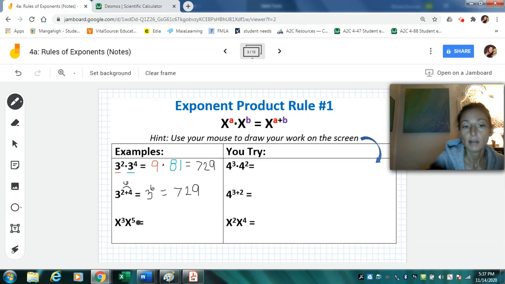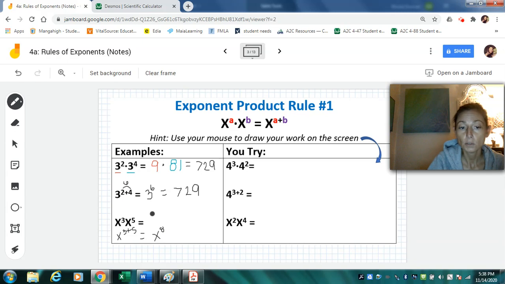So here I have x cubed times x to the 5th. Now we can do the shortcut here, which would be x to the 3 plus 5. And 3 plus 5 makes 8. So that would be x to the 8th. But if I expanded that out, we would get the same thing.